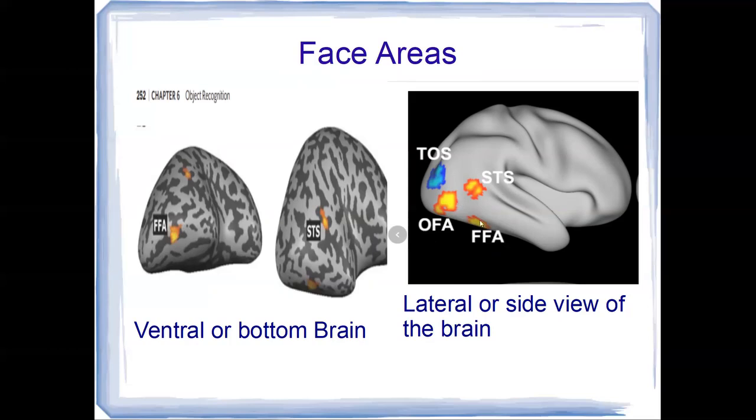And this is a lateral view. You can kind of see it there, but it's present on the underside of the temporal lobe. And then another important area is the superior temporal sulcus and the orbital frontal cortex, like we talked about in theory of mind and some of the other things we learned this semester.